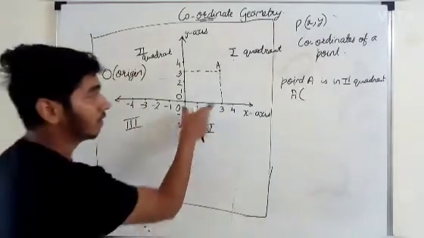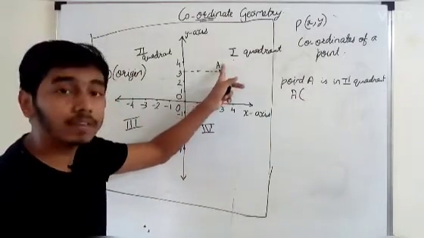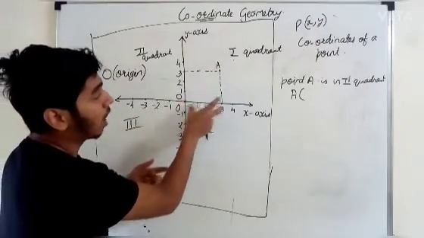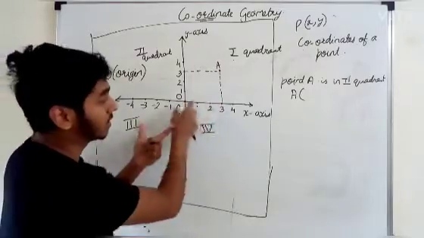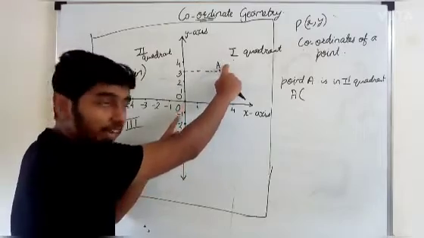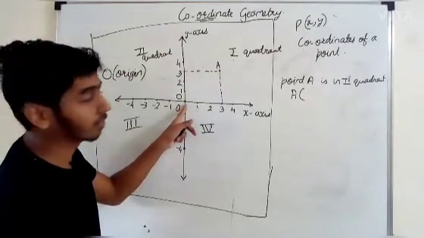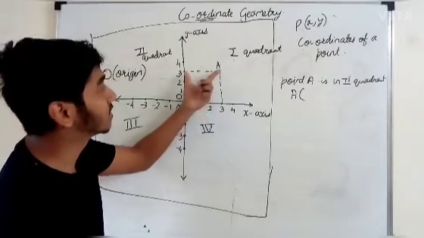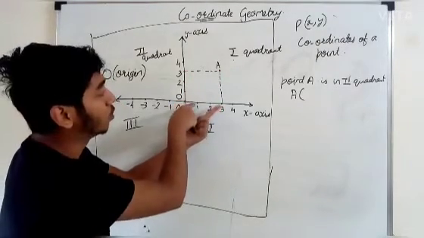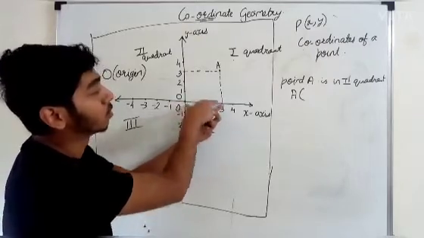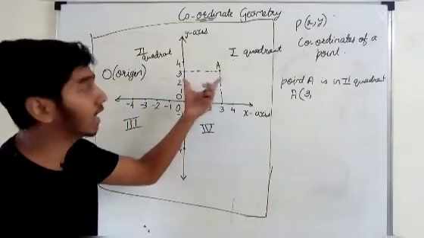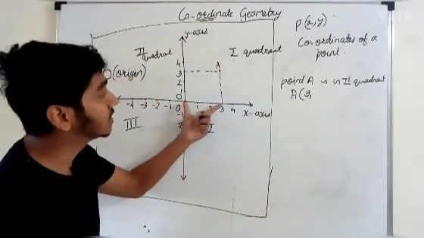First we say about point A with respect to the x coordinate: how far is point A from the origin on the x-axis? If you see, this is the distance: 0 to 1, 1 to 2, 2 to 3, so that is 3. So on the x-axis A is 3 units away.